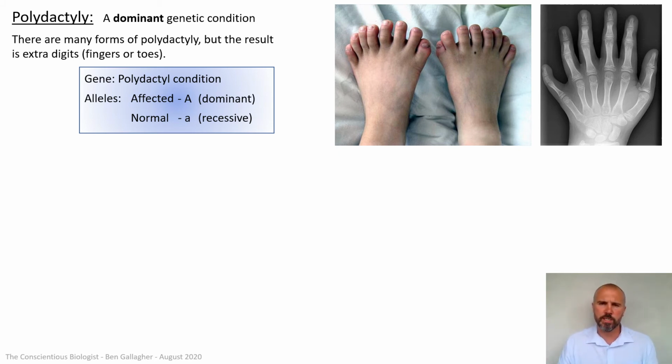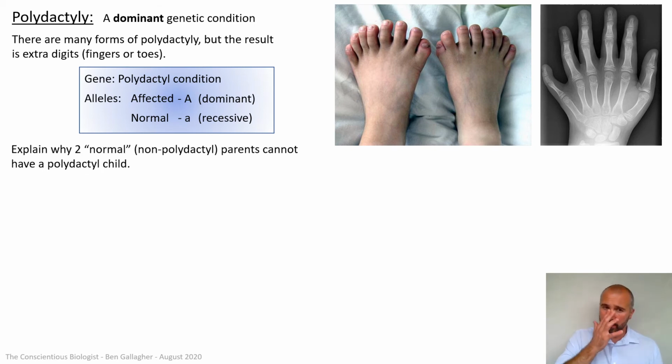That's how evolution works. I'm just saying the normal number of fingers and toes as opposed to the polydactyl. So I'm giving a capital A for the affected polydactyl individuals and a lowercase a for the normal allele, the non-polydactyl allele.